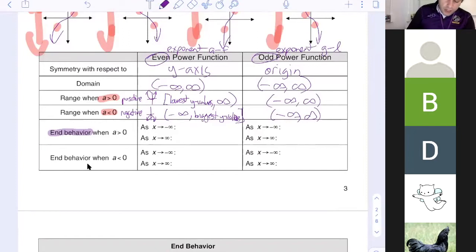And so, again, end behavior when a is greater than 0, or when it's positive. And again, we have to get used to this notation. So as x goes to negative infinity, or in other words, as your graph goes to the left, where does your graph go? Well, it's always helpful to have a little sketch here. So I'm going to do this for all of these.